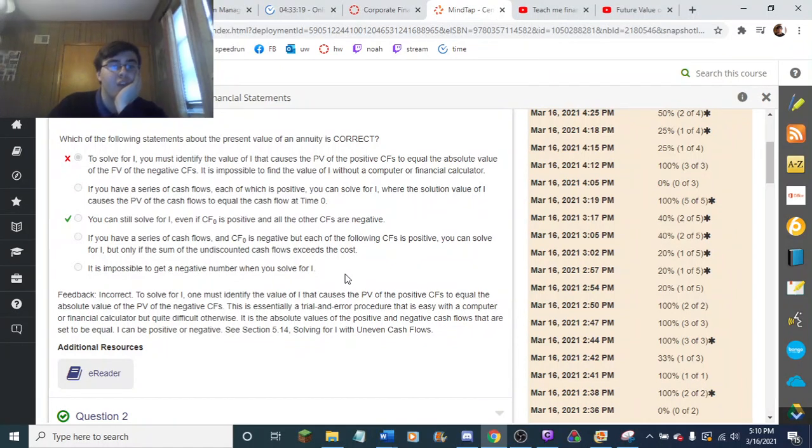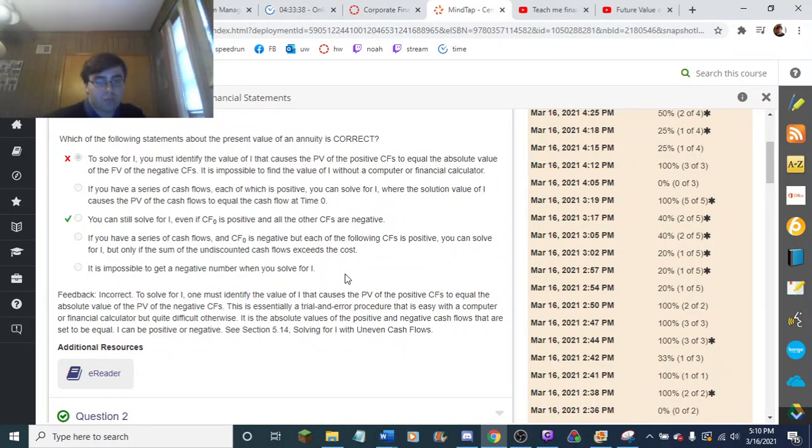You can still solve for I even if CF is positive and all the other CFs are negative. To solve for the interest rate, you must identify the value of I that causes the PV of the positive CFs to equal the absolute value of the PV of the negative CFs.